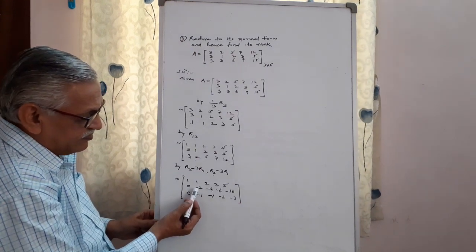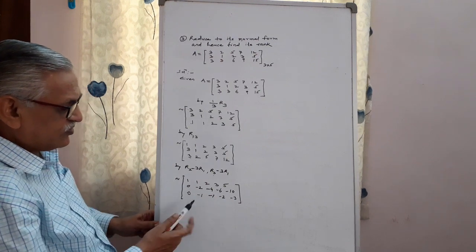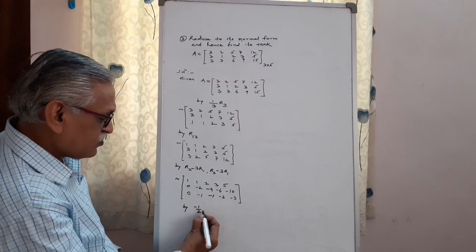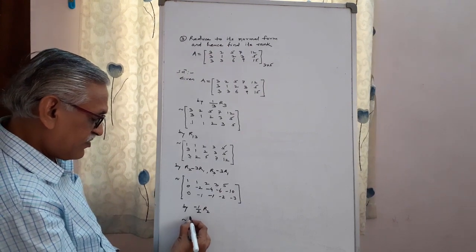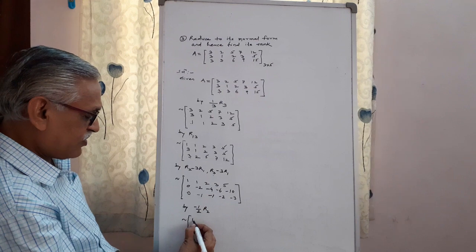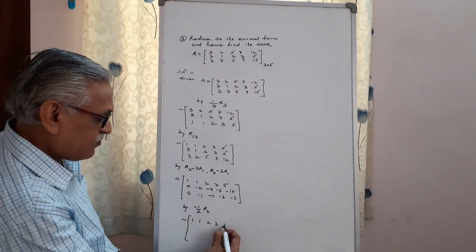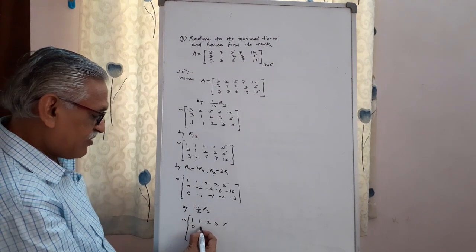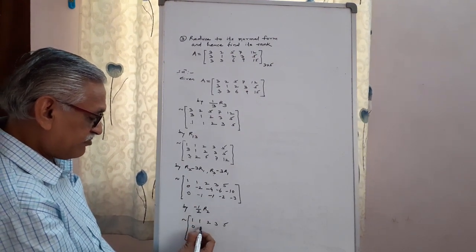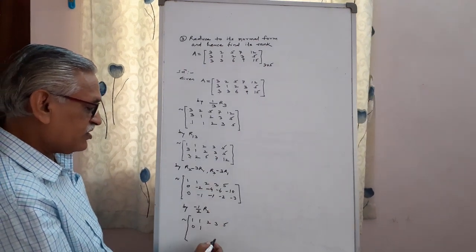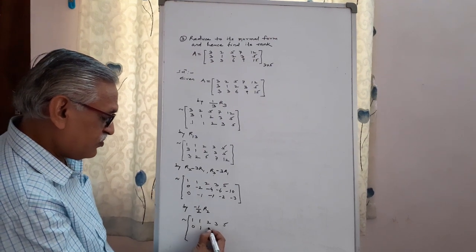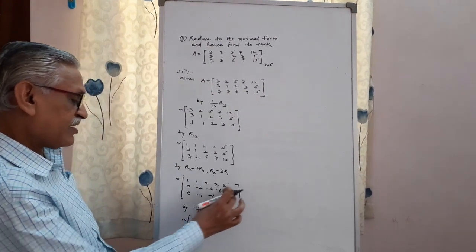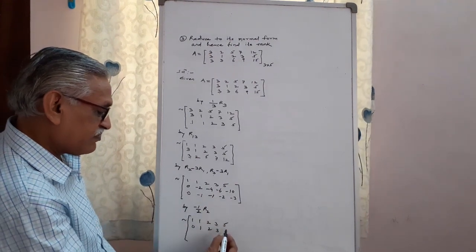Then make it 1. All the elements are multiples of 2, therefore I will apply minus 1 by 2 times R2, and therefore when we apply here it is first 1 1 2 3 5, changes in second: 0, minus 2 into minus 1 by 2 that is plus 1, minus 4 into minus 1 by 2 means 2, minus 6 into minus 1 by 2 is 3, and minus 10 into minus 1 by 2 that is 5.